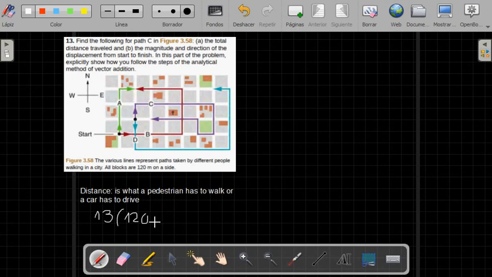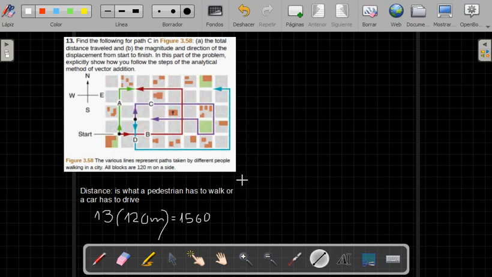I'm confused today. Okay. So since each block measures 120 meters, we multiply the 13 blocks by 120, and that gives a total distance of 1560 meters. With that, we have the distance.